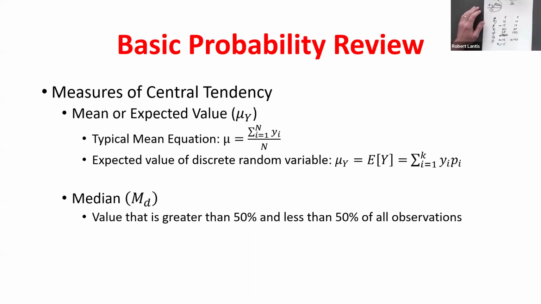So notice that one extreme observation pulled the mean up quite a bit. What's the median of this data set? Still 15. So the median is not going to be influenced as much by extremely high values, or what else would influence the mean? Not just extremely high, extremely low values.